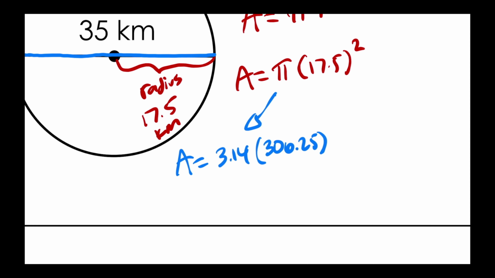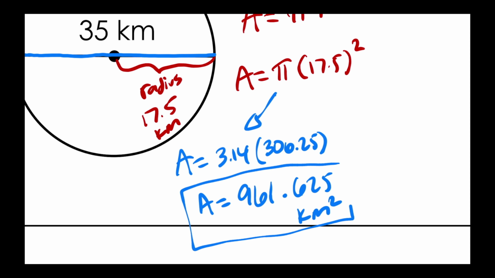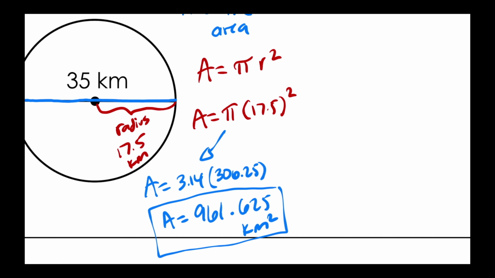And if you punch that into your calculator, you get the area is 3.14 times 306.25, and that's 961.625 kilometers squared. Remember, you also square the units. So these are square kilometers. Remember, area is always how many squares can you fit inside the shape.